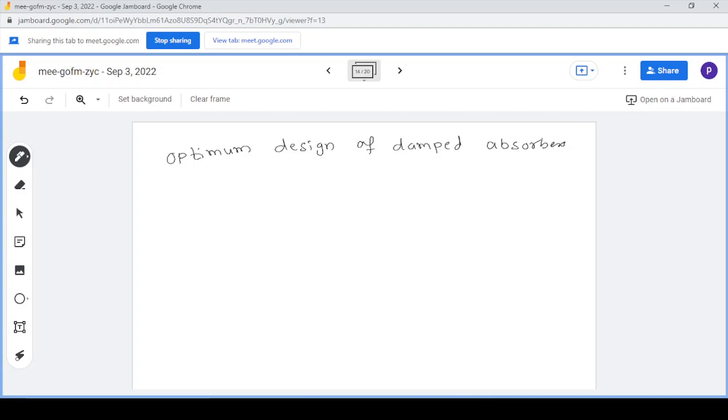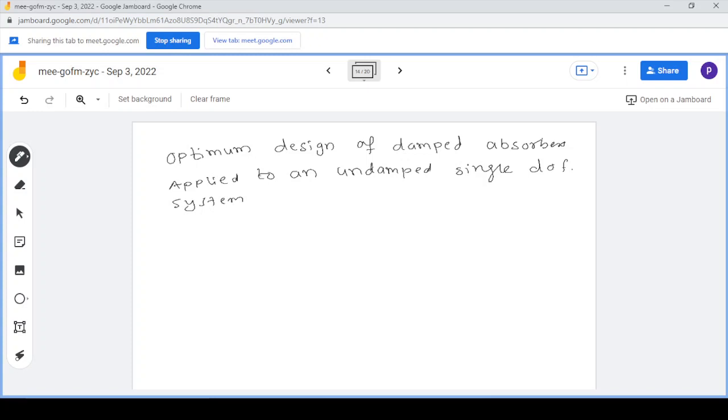So in case of the optimum design of the damped absorbers, it is applied to an undamped single degree of freedom system.